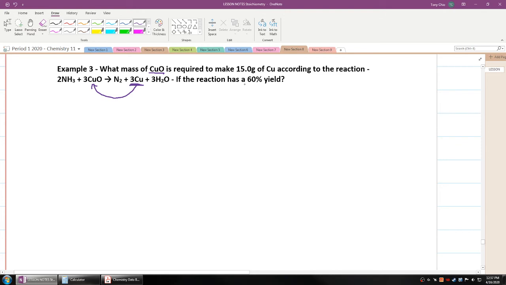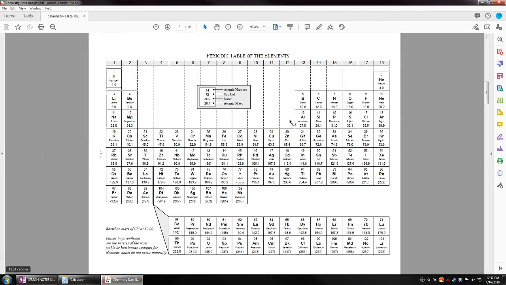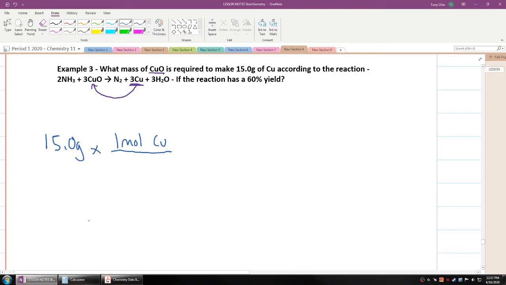Well, according to my strategy, I'm going to find my actual yield if I do that. Actually what I need. So in this case, I'm going to start with 15.0 grams of copper. And I will multiply by 1 mole of copper over the molar mass of copper, which, if you look at your periodic table, is 63.5.